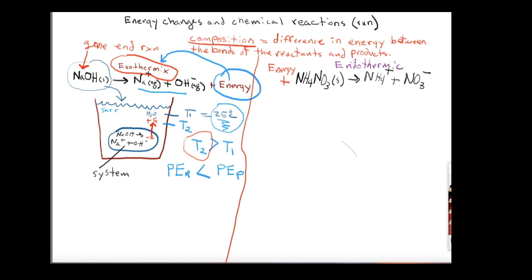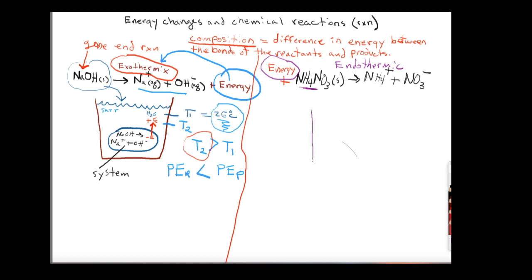And in these kinds of reactions, if this is puzzling to you, like why is the energy being added in here, you can think of it this way. The ammonium nitrate, in order to get it dissolved, has to be lifted to a new, higher energy level. It takes an input of energy to cause this material to actually dissolve.